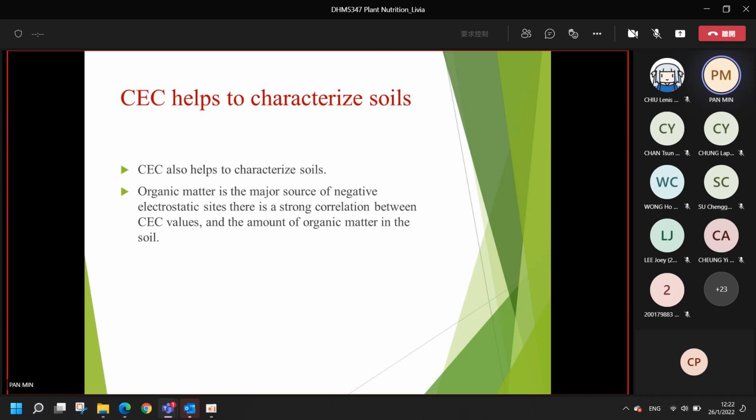And why we need to learn about CEC is that it is important to soil fertility, because it can help to characterize the soil and to know the organic matter level. And its major source of negative electrostatic charge, that is a strong correlation between the CEC values and the amount of organic matter in the soil.